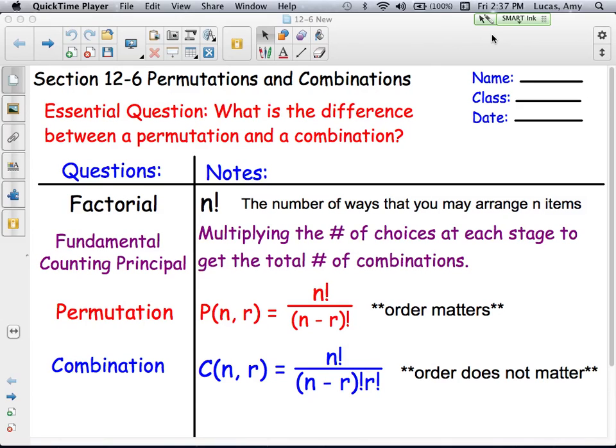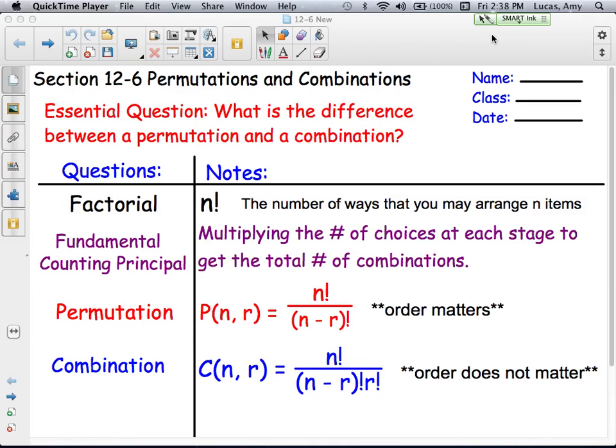So a combination is different from a permutation because a permutation is a situation in which order matters, like first place, second place, third place, gold medal, silver medal, bronze medal, or finishing a race, or a phone number, a locker combination, all of those things where the order that you do something matters.